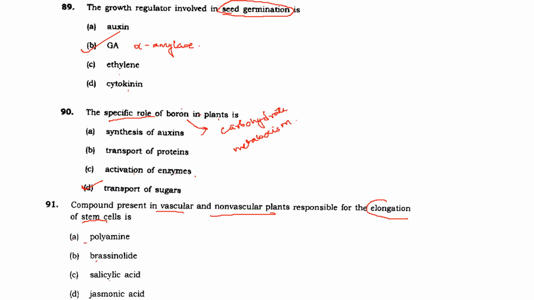Now, polyamine, salicylic acid, and jasmonic acid are all responsible for biotic and abiotic stress. Brassinolide, auxin, and some other hormones are responsible for the elongation of stem cells. So the answer will be 91B.